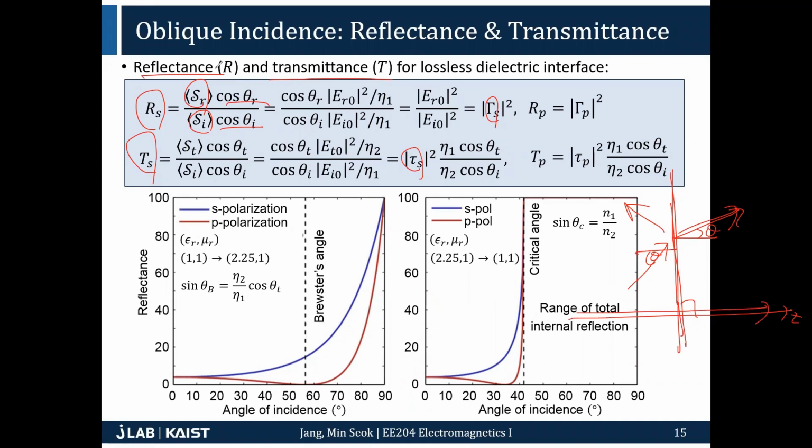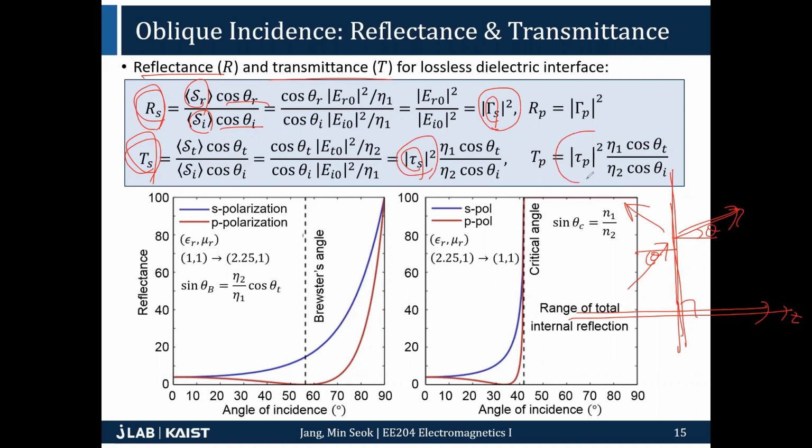Okay, so if you do that, similar to the previous case, reflectance is just the absolute square of the reflection coefficient, but transmittance is different.